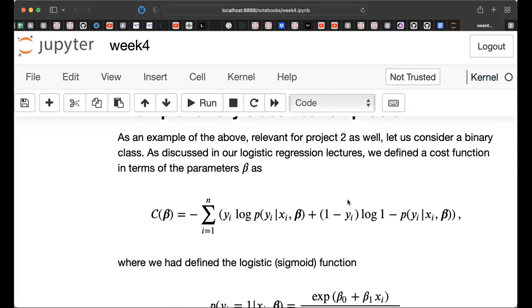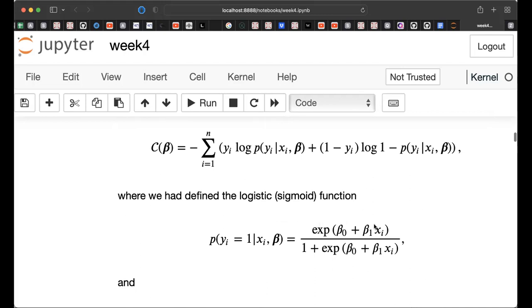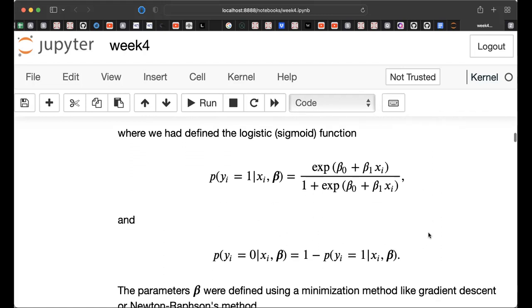If we have a binary class problem, if you go back to logistic regression, what we had then was a cost function which depended on the parameters beta. And in that specific case, we would simply have the probability given by the logistic function. And then we had the parameters beta 0 and beta 1, which we would determine by a standard Newton-Raphson algorithm or just a standard gradient descent algorithm.